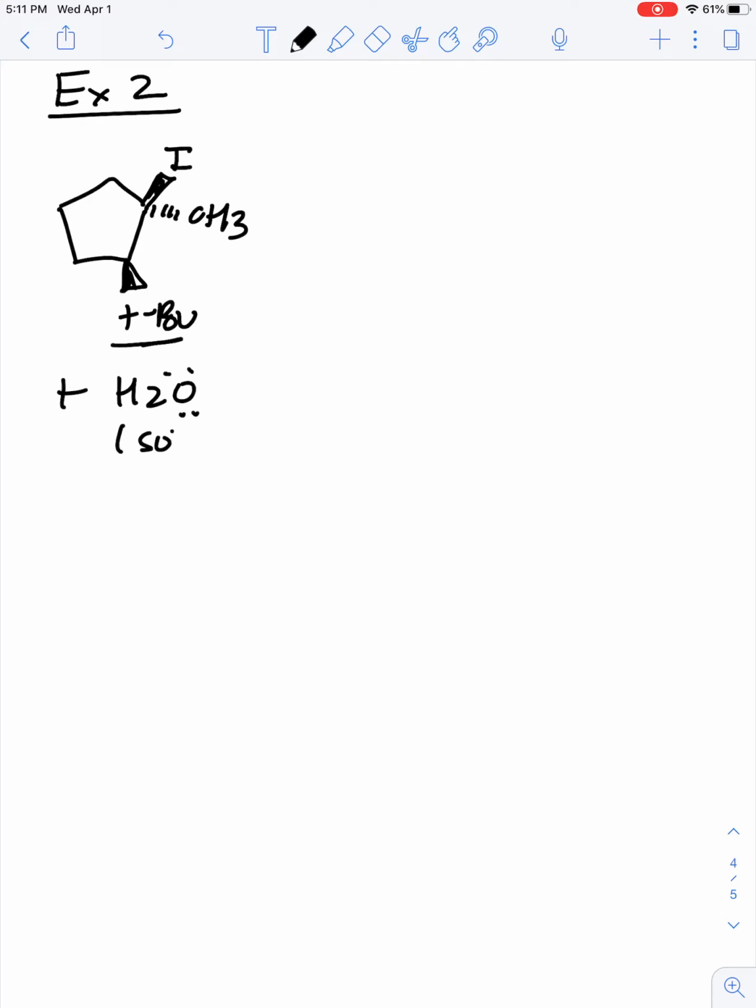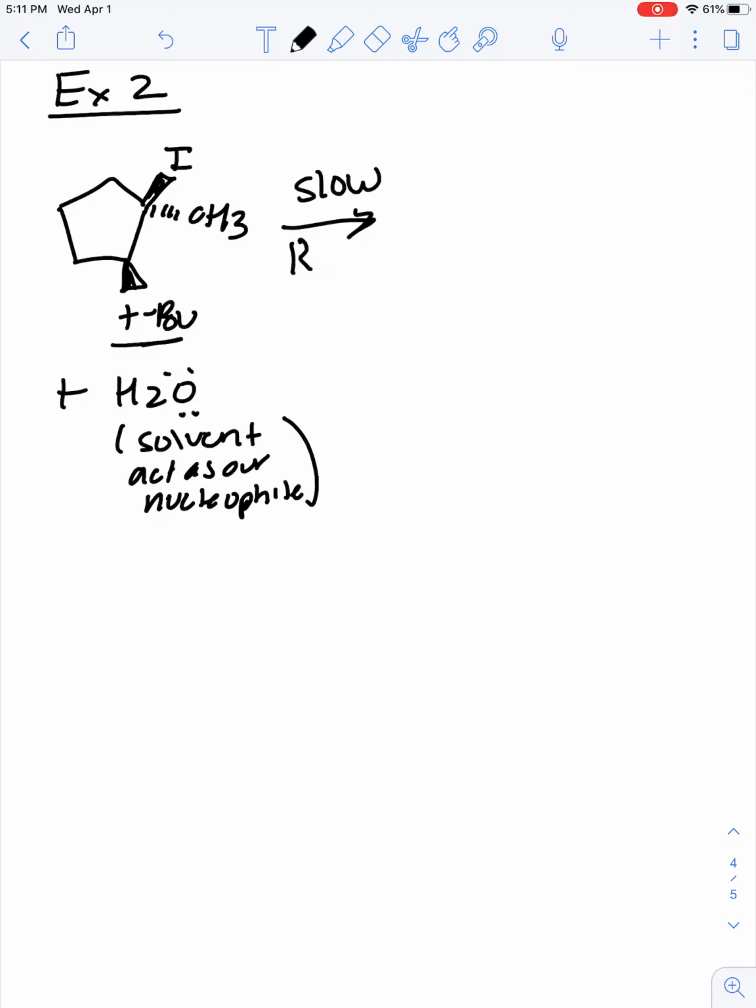Water is going to be our solvent, but it is also going to act as our nucleophile. Again, water is a weak base. However, it will work for SN1 reactions because the nucleophile is not part of the overall rate for an SN1 reaction. The first step is our slow step, which is the formation of our carbocation.